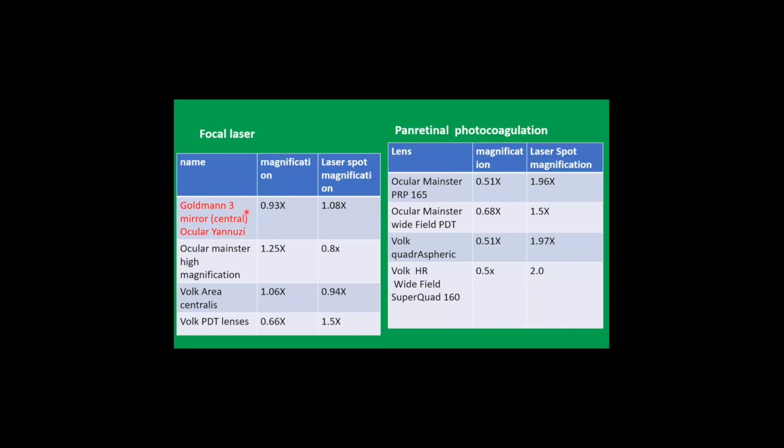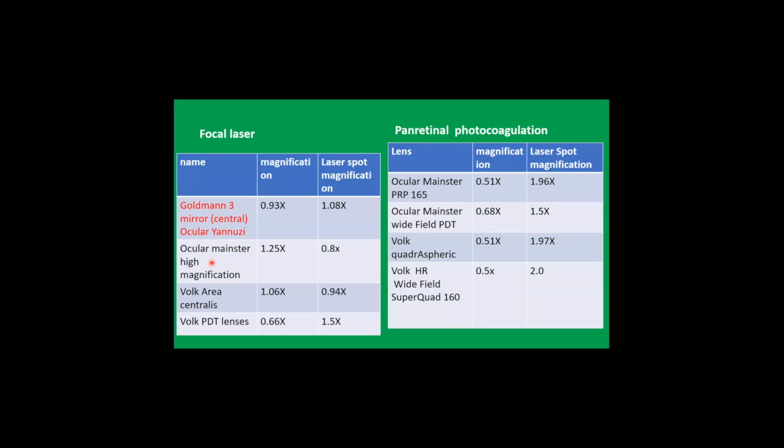The plano-concave ones are the Goldmann mirror lens and the Zeiss lens, which we really do not use these days. But what is popular in our usage are those that cause inversion of the image, for example, the Ocular Mainster and then the Volk lenses.